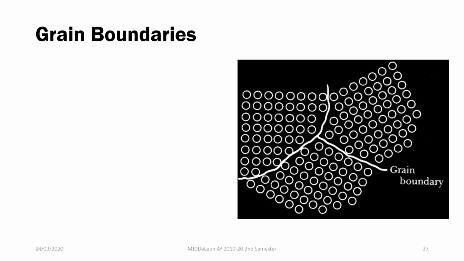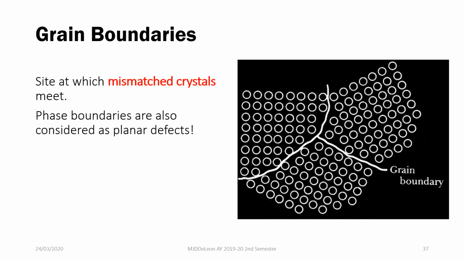We also have what we call your grain boundaries. So grains are regions of crystals na pare-pareho yung alignment ng ating crystal. So, grain boundaries are those sites in which yung pare-pareho ng alignment na crystal ay nag-meet.